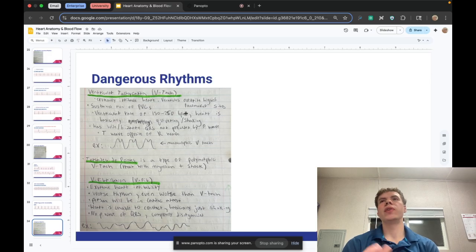So when someone is in VTAC, ventricular tachycardia, the ventricles are basically squeezing so fast that it's basically quivering. And when it's quivering, it's not pumping blood like it should. It's just kind of quivering and shaking, right? It's not actually perfusing the body, right?